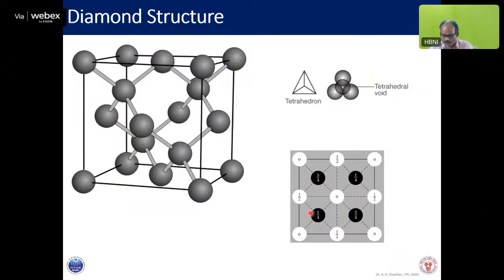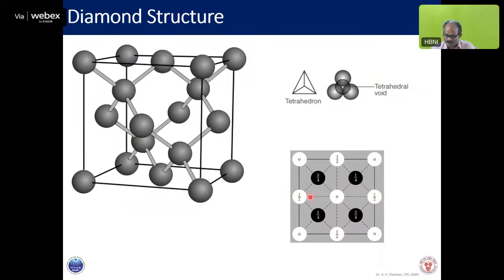If I move up 1/4 distance in terms of the lattice parameter, suppose the lattice parameter is A, then I move A/4 distance above, and I will reach 2 atoms. Then if I move further, I will reach the center of faces.